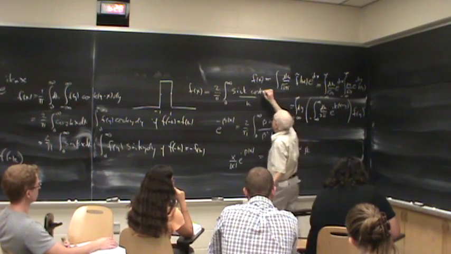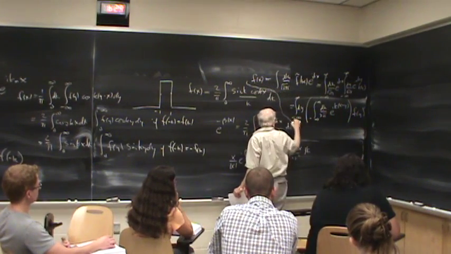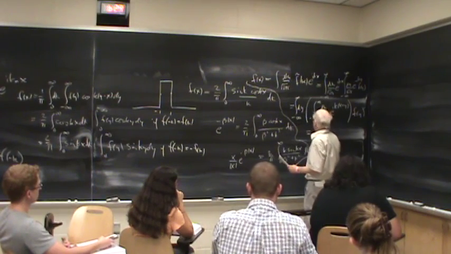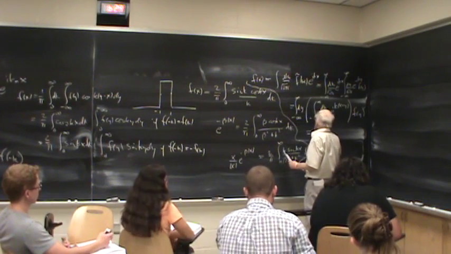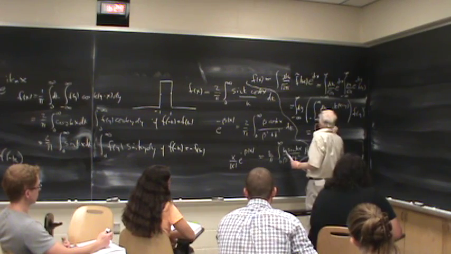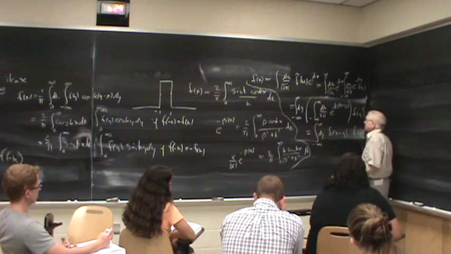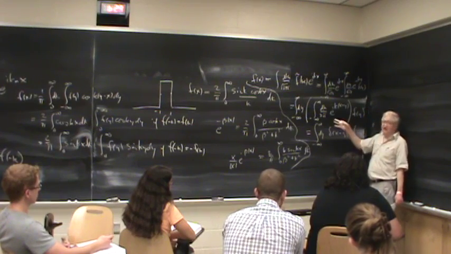Now we compare that with the equation f of x is the integral from minus infinity to plus infinity dy delta of x minus y f of y. Both integrals give you f of x.